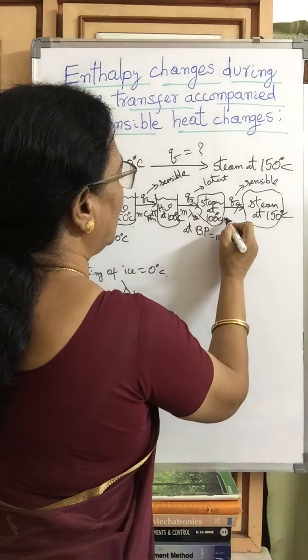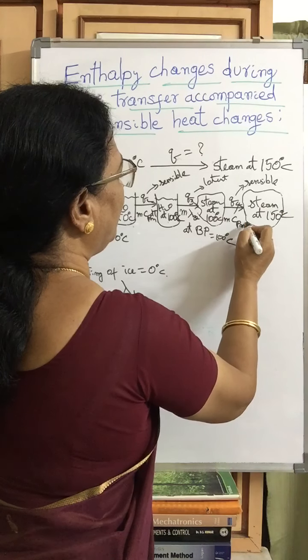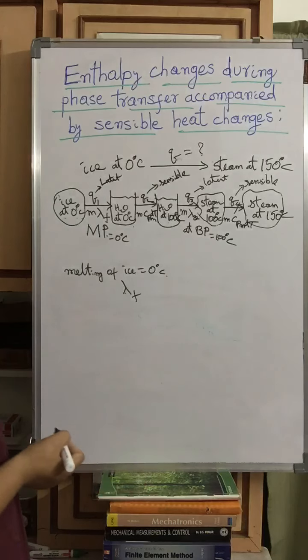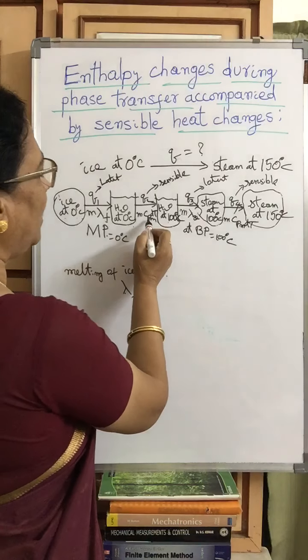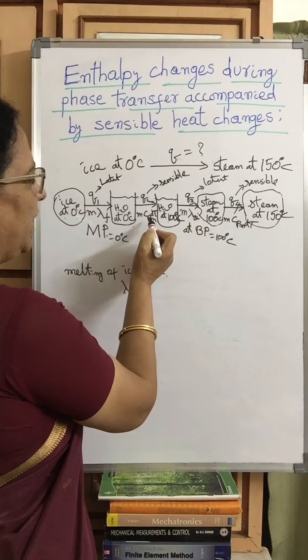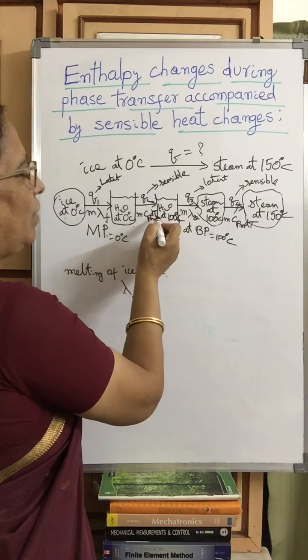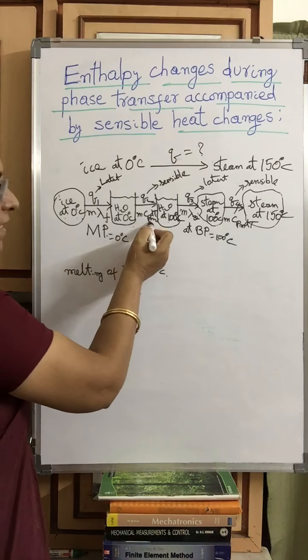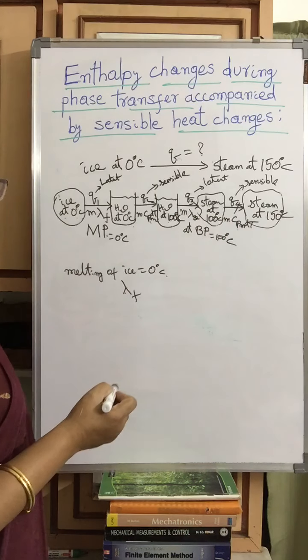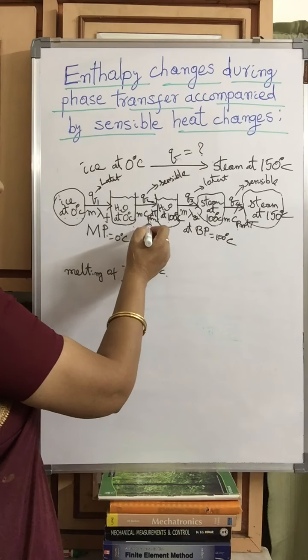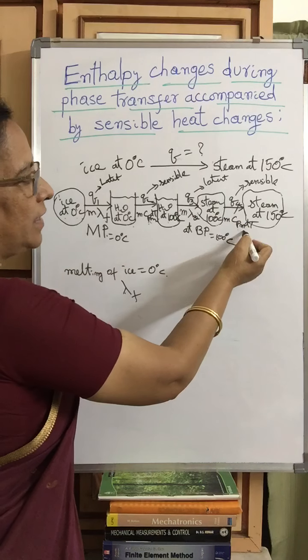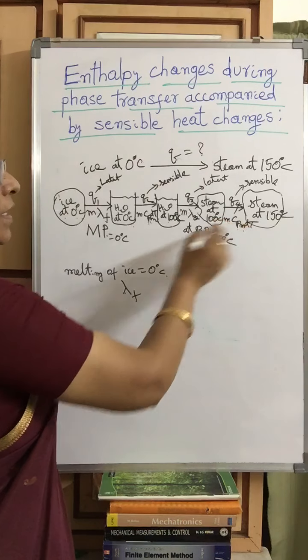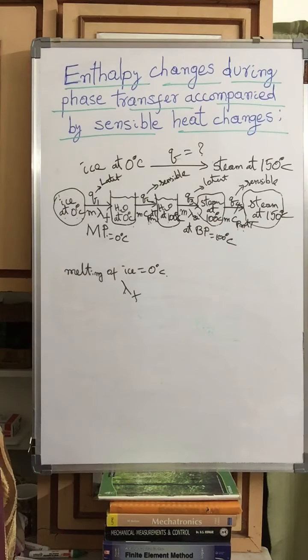So sensible, M CPM dT. Here CPM means heat capacity of liquid in the liquid stage. Please understand the difference between this CPM and this CPM, when it is in the liquid form and when it is in the vapor form. So you will have slightly different values.